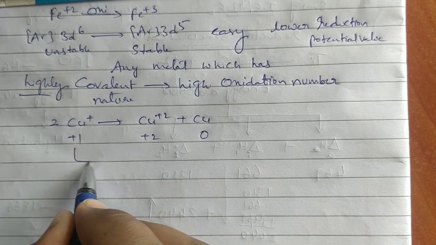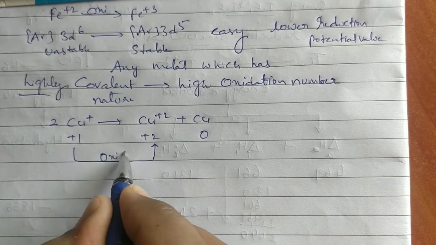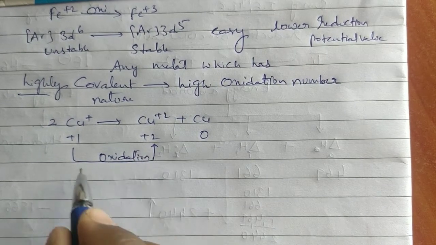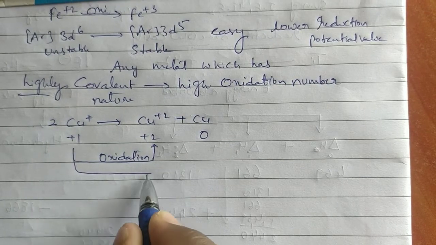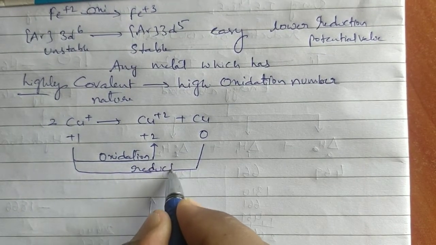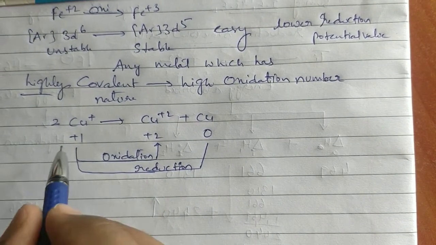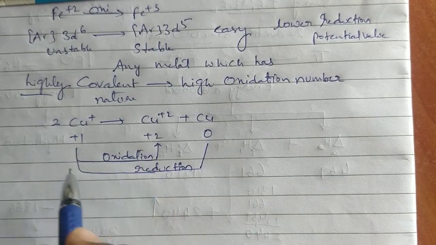+1 oxidation number is becoming +2. Increase in oxidation number is oxidation. +1 oxidation number is becoming 0. Decrease in oxidation number is called reduction. The same oxidation number is undergoing oxidation and reduction.